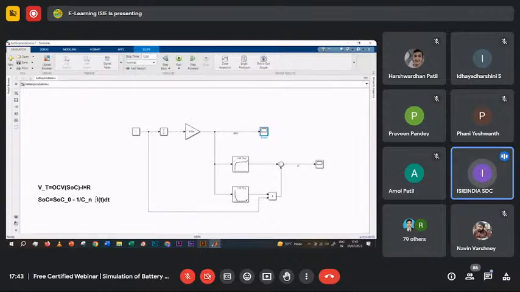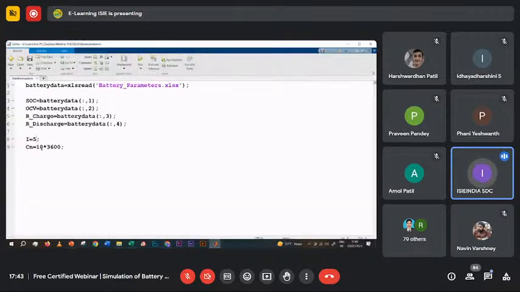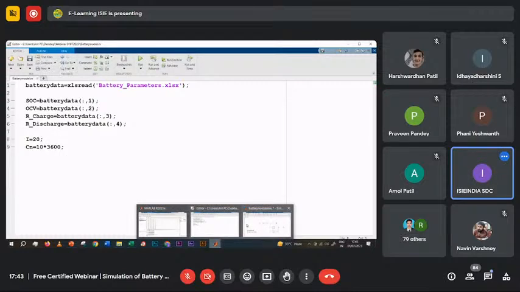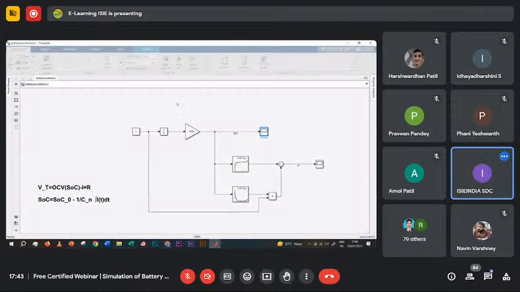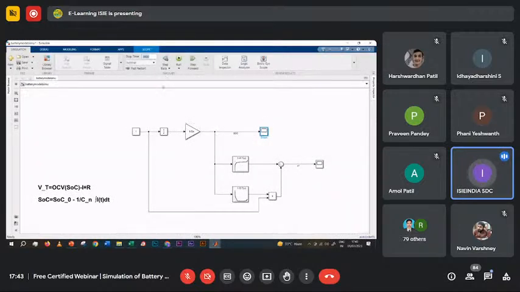So this is how we do the modification and the analysis of the battery. And let's suppose we increase the value of current to 20. So if I increase the value of current to 20, it will be fully charged in 1800 seconds.